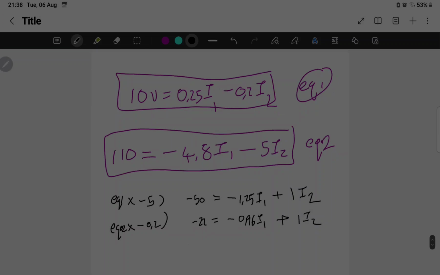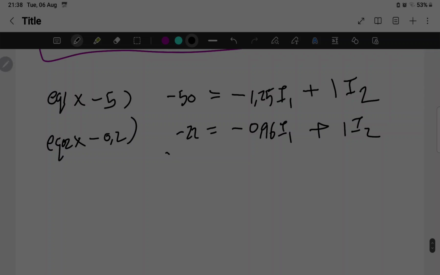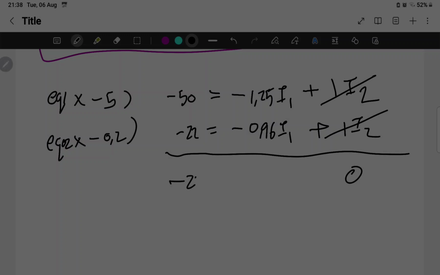So now to solve this, what we're going to do is subtract them. So 1 minus 1 is 0. And then over here we have negative 50 minus 22 equals negative 28.